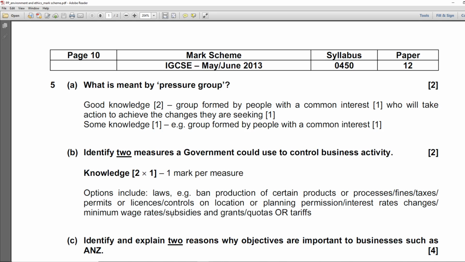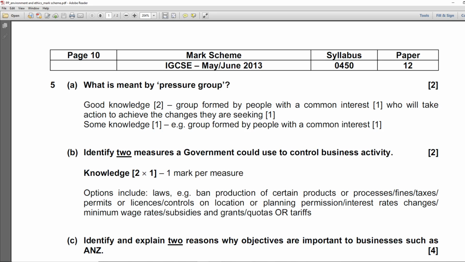And all kinds of subsidies. For the last one, you can also talk about that because it's the government who imposes tariffs and quotas. To a certain extent, it's government control, a government intervention. So there are so many answers you can choose from here.